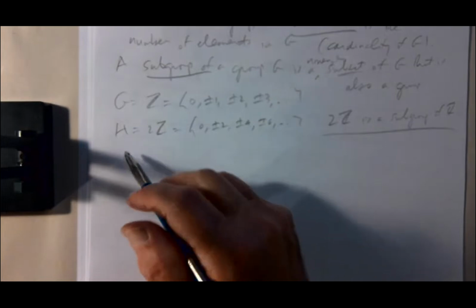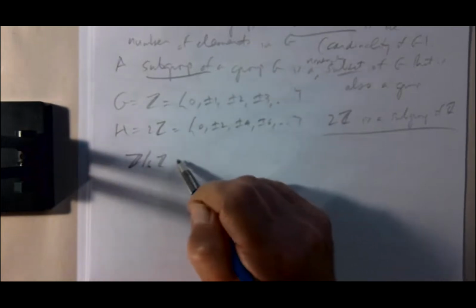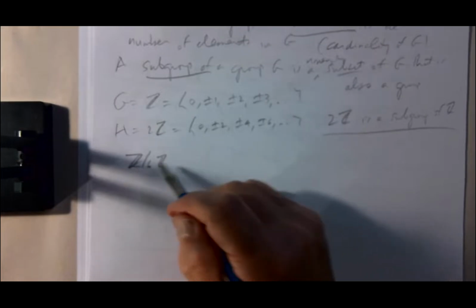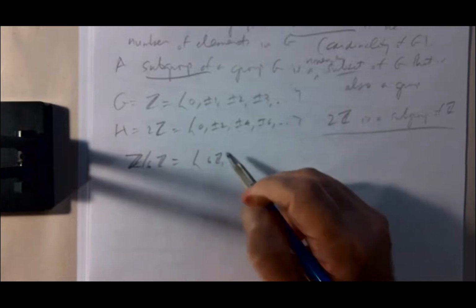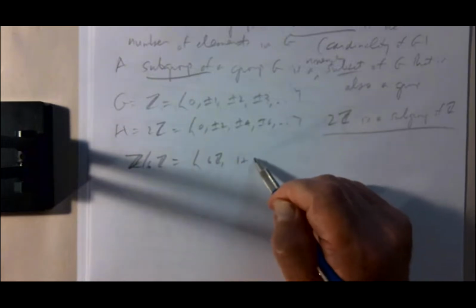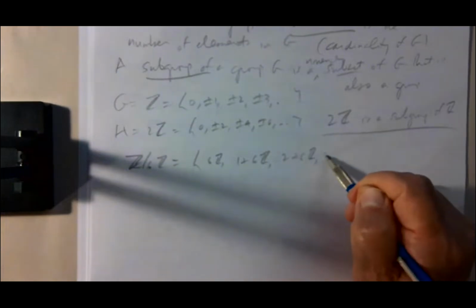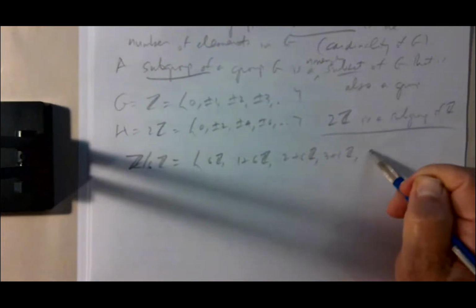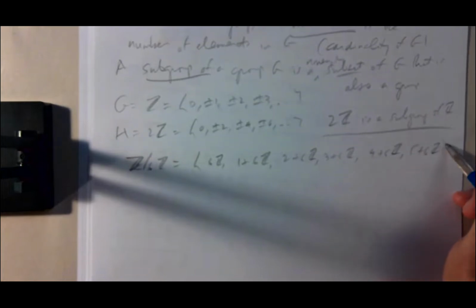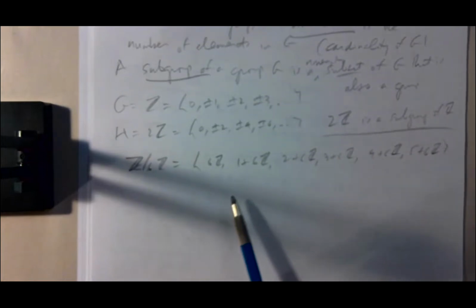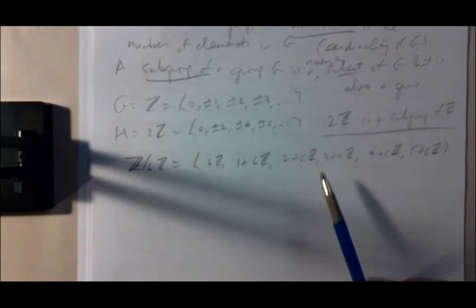If I take, for example, Z mod 6Z, this is the set of congruence classes mod 6. It consists of 6 elements. Each element is a congruence class. So the set of congruence classes mod 6 is an additive abelian group.